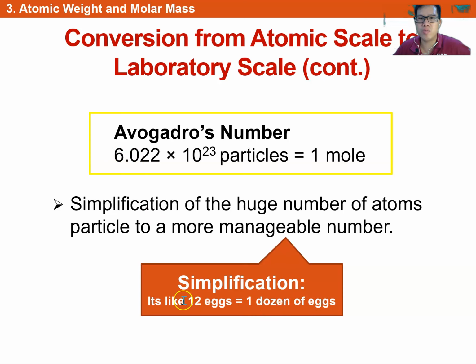That's a lot of particles in 1 mole. So we can talk about 1 mole of hydrogen: it will have 6.022 times 10 to the power 23 hydrogen atoms.